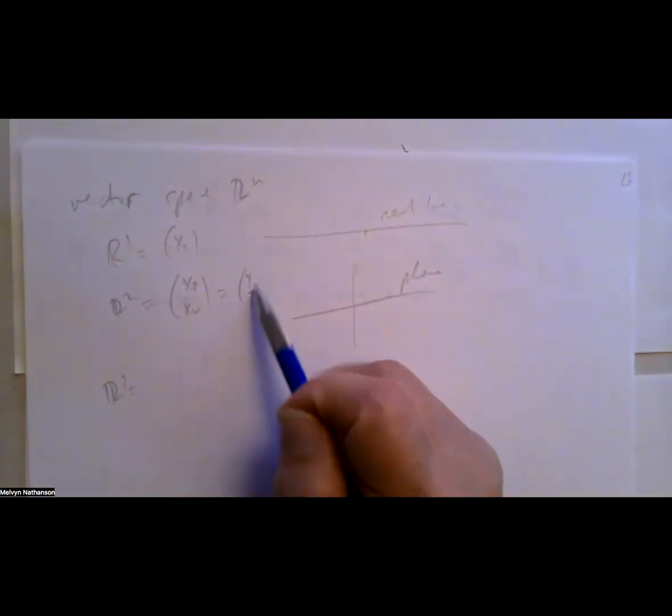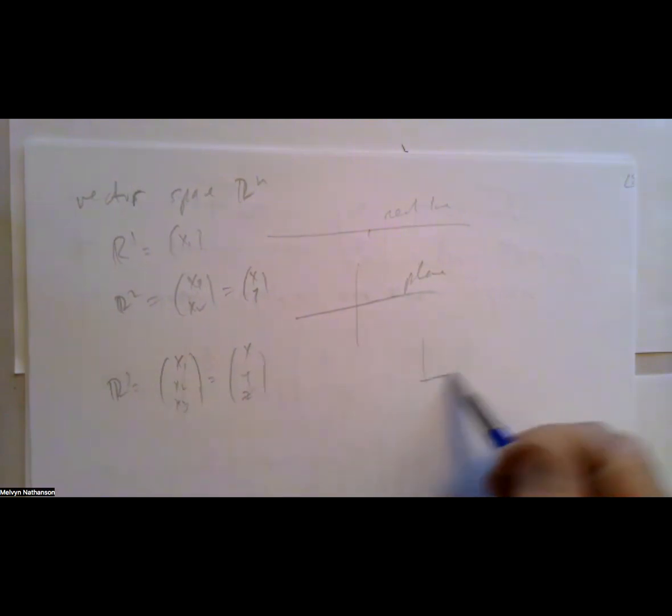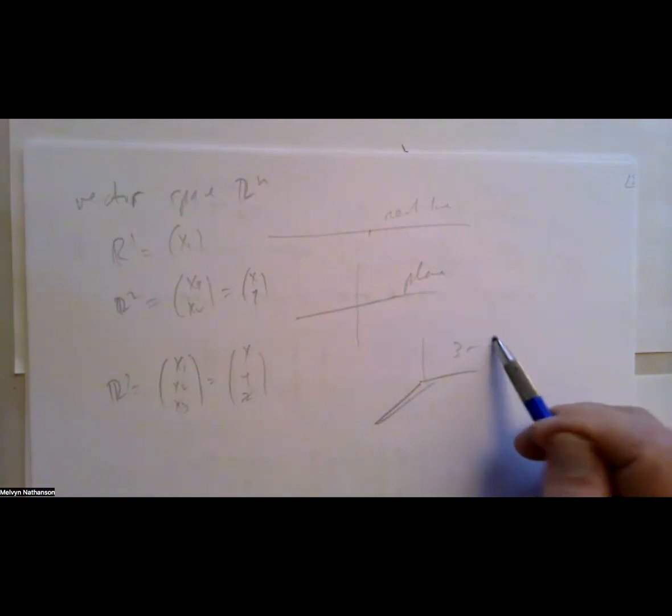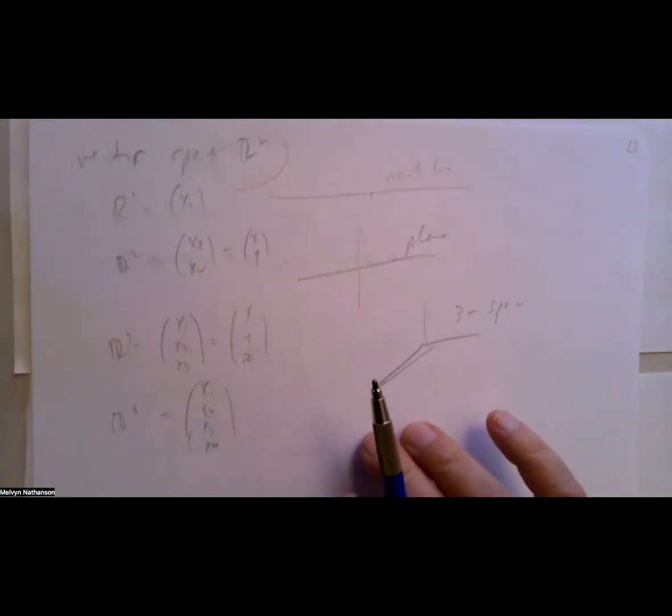It's more common to write the variables as x and y, but x1, x2, or x, y, it doesn't matter. R3 is all triples, or you can use the letters x, y, and z. That's just three-dimensional space. And R4 is harder to picture, and there's no way I can draw it, but it's four-dimensional space and so forth. So for every positive integer n, we have the vector space Rn.